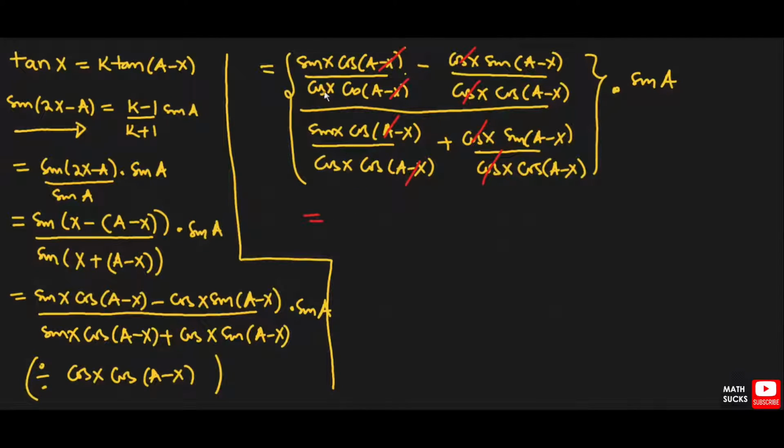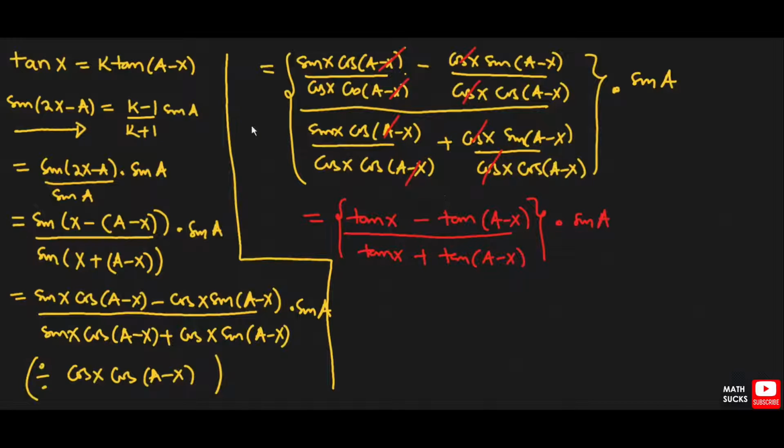We basically now have up here that this is tan of x, then minus tan of a minus x, then everything over down here tan of x, then plus tan of a minus x. So this is multiplied by sine of a. Now we are getting closer. We have now tans in terms of x and all that.